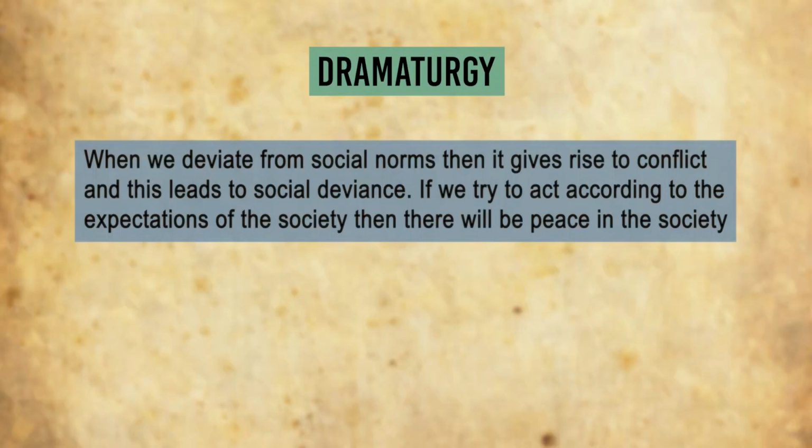Now, when we deviate from these norms, this gives rise to some kind of conflicting situation, and this leads to social deviance. However, if we try to act according to the expectation of the society, then there will be a peaceful situation in the society.